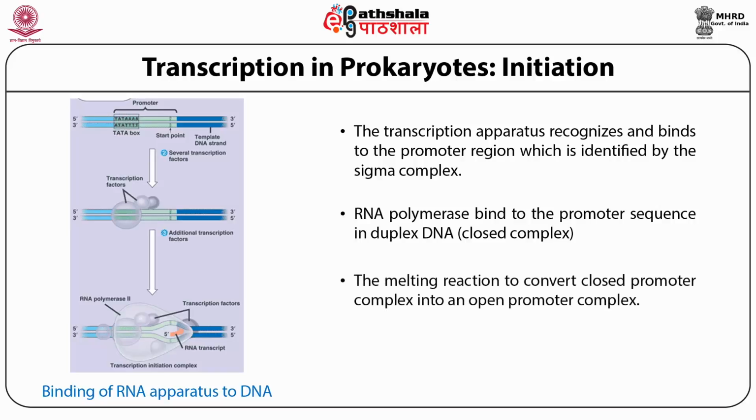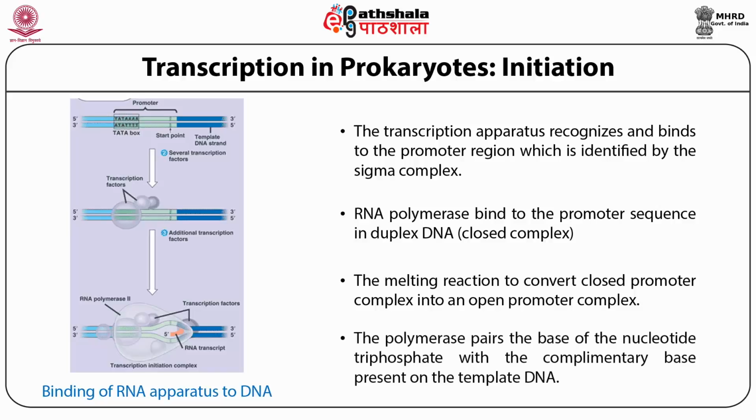The melting reaction converts the closed promoter complex into an open promoter complex. The polymerase pairs the base of the nucleotide triphosphate with the complementary base present on the template DNA.